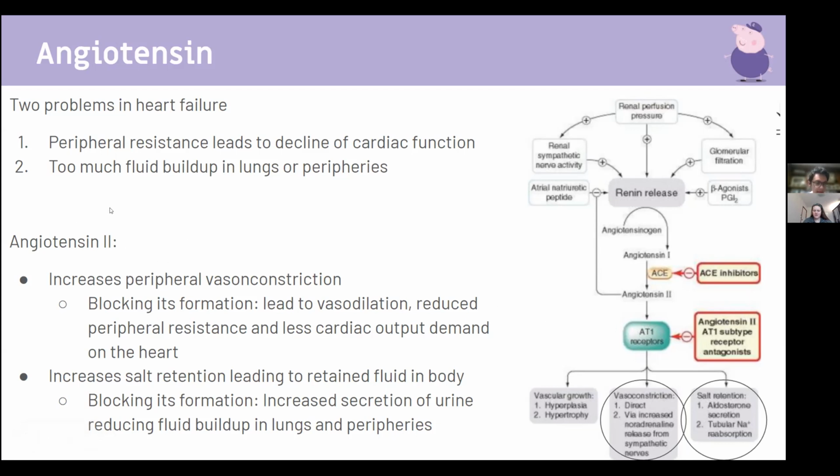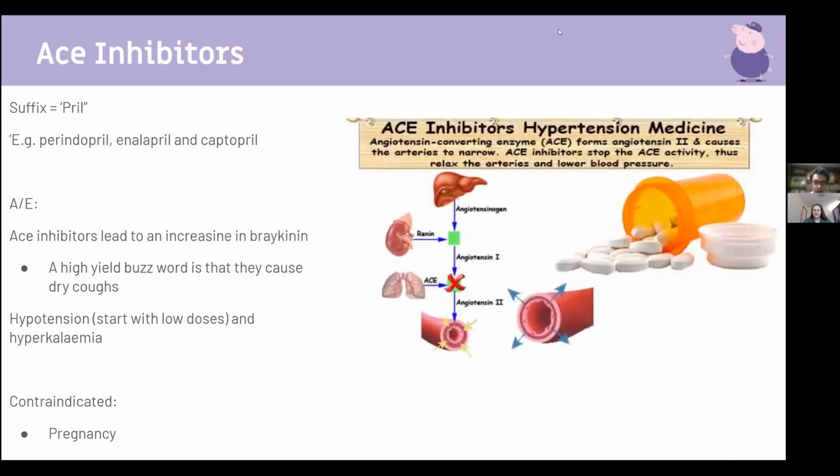So as we said, if you give an ACE inhibitor, by blocking angiotensin 2, you lead to vasodilation, a reduced peripheral resistance, and a less cardiac output demand on the heart, so it undergoes less strain. And increased salt retention leads to more fluid, so if you block it, you have increased secretion through urine, and you can clear the lungs and the peripheries and that edema.